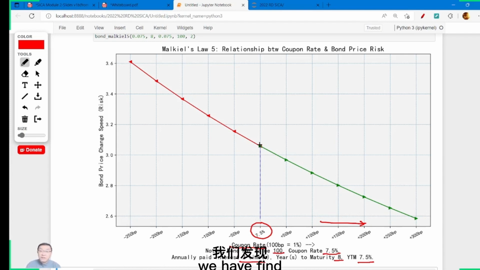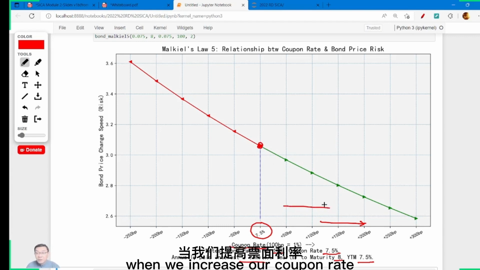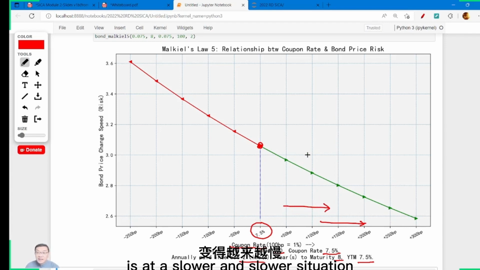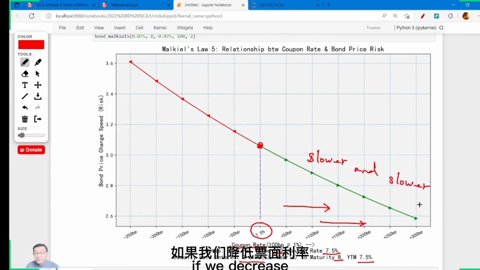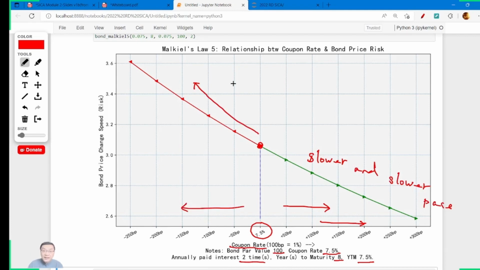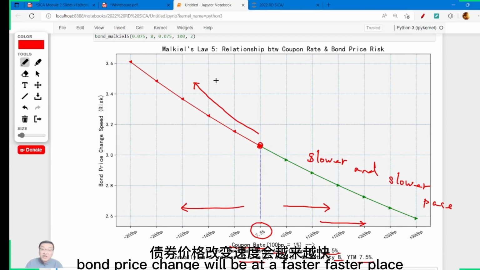Our finding is that when we increase coupon rates, the bond price change speed is at a slower and slower pace. If we decrease coupon rates in this direction, bond price change will be at a faster and faster pace.